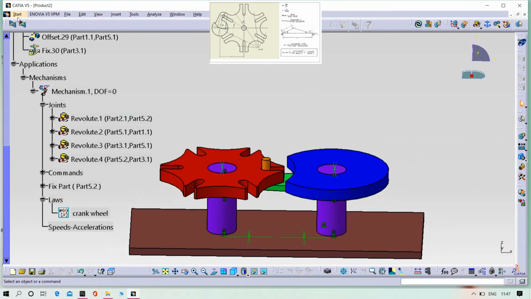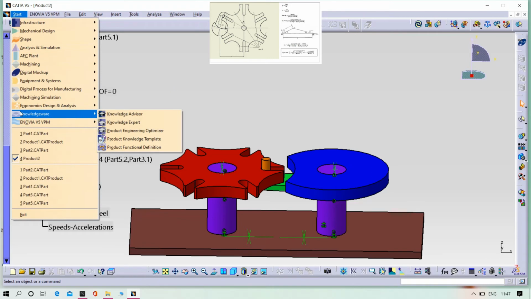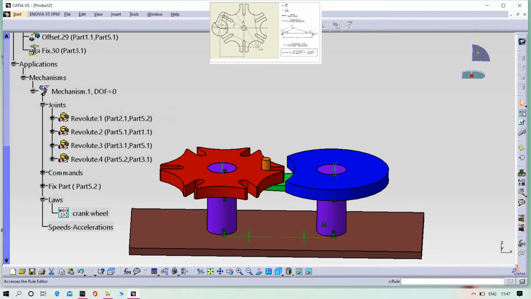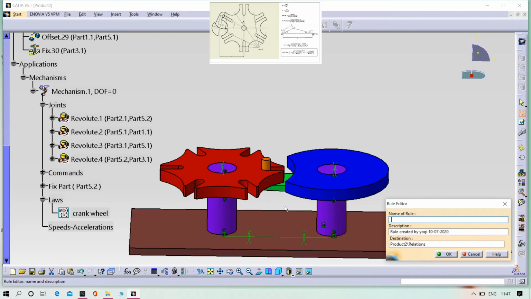Now we are going to apply the Geneva wheel rule. For that, click here and name it Geneva wheel. Click OK.